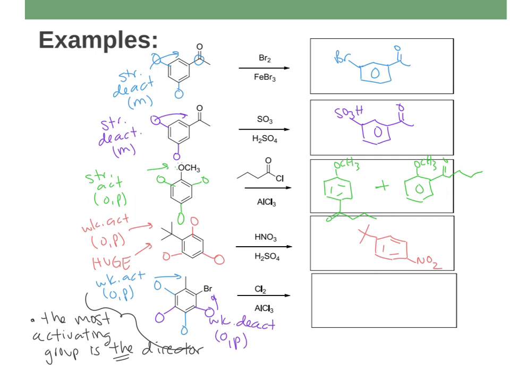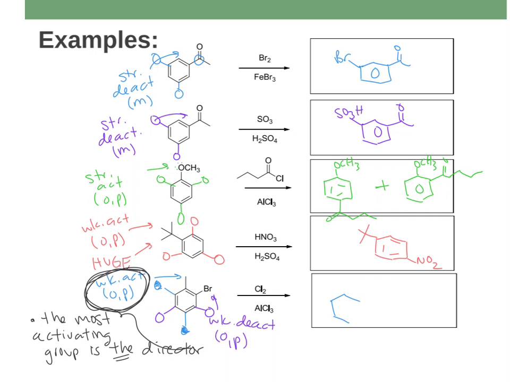So for me, that means that my ortho-para group, since that's a weak activator and weak activators are more activating than weak deactivators, I'm just going to listen to it. So I'm going to put it either in this position or this position. Those are the only two positions really that are going to be viable.